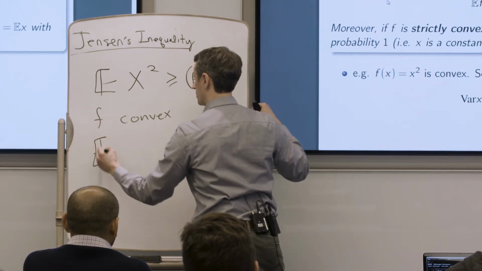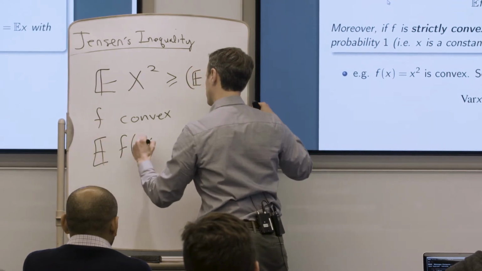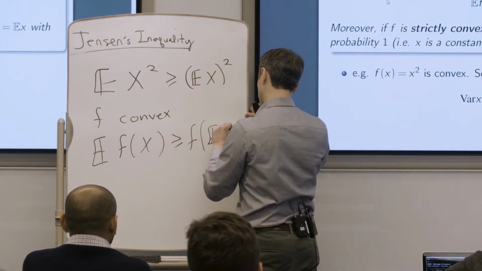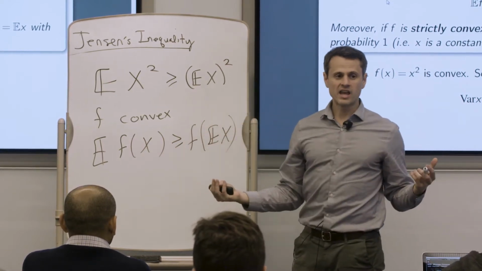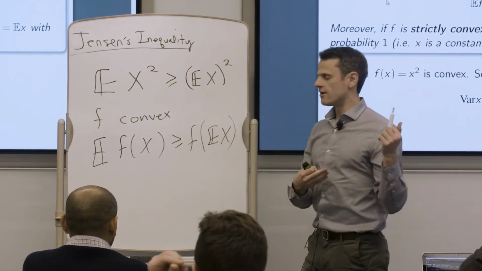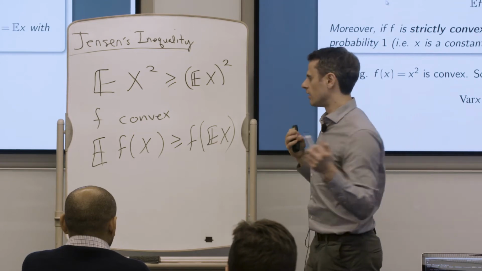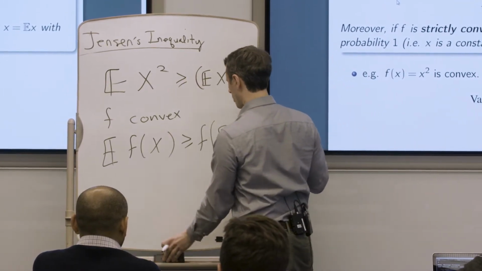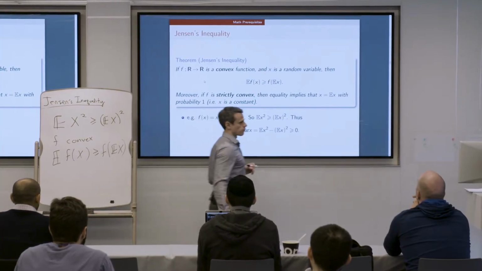The expectation of f of x is greater than or equal to f of the expectation of x. If f is concave, the direction reverses. In our problem, we're going to have a concave function, the logarithm.